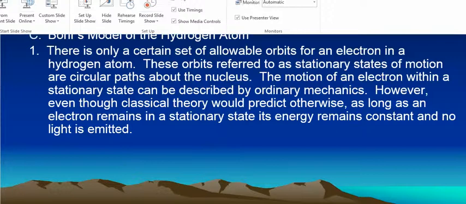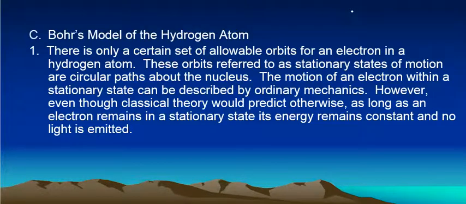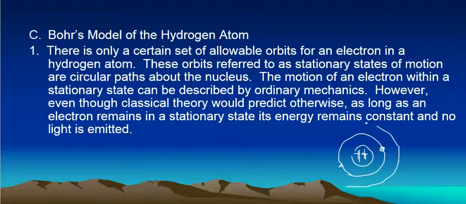And so basically, here's what Niels Bohr said. You have your nucleus, where your protons are at, and your neutrons. And then you have these allowable orbits outside the nucleus. This is where your electrons are at. These are stationary states. So your electrons are in these stationary states about the nucleus.